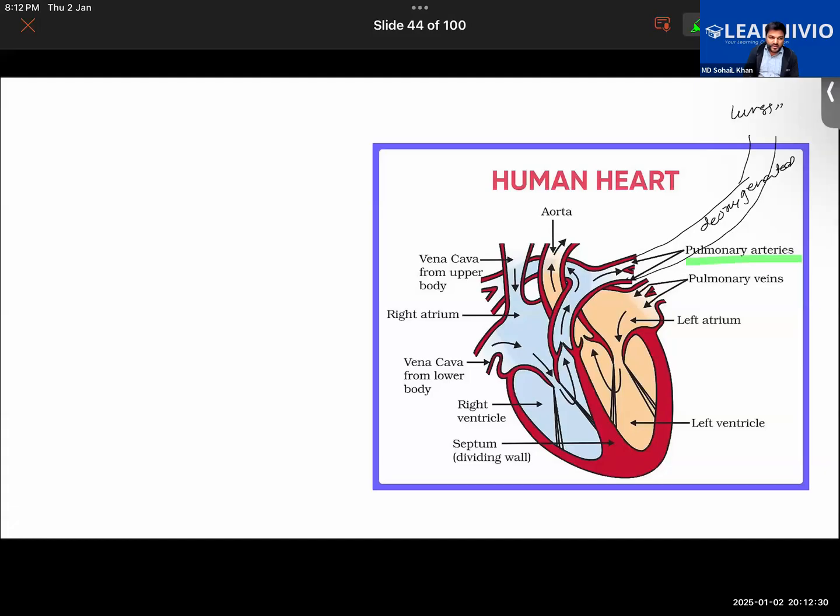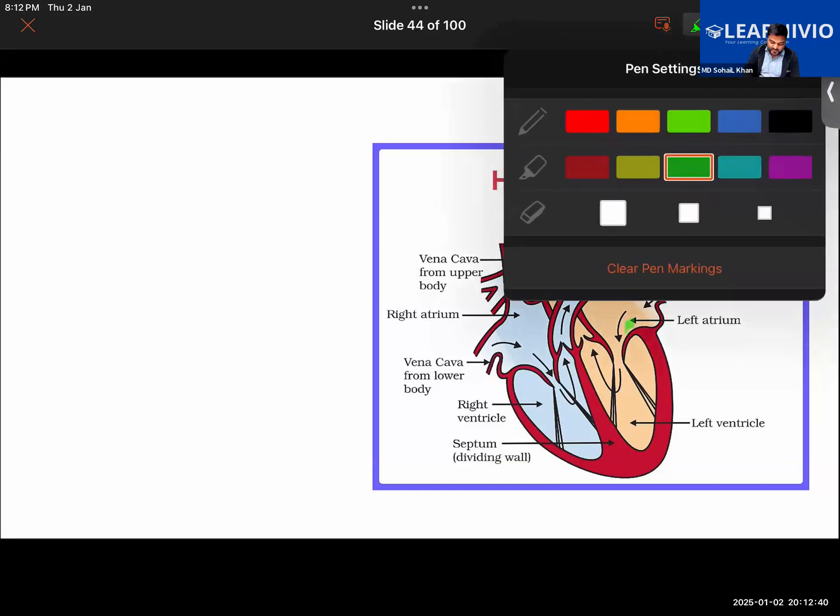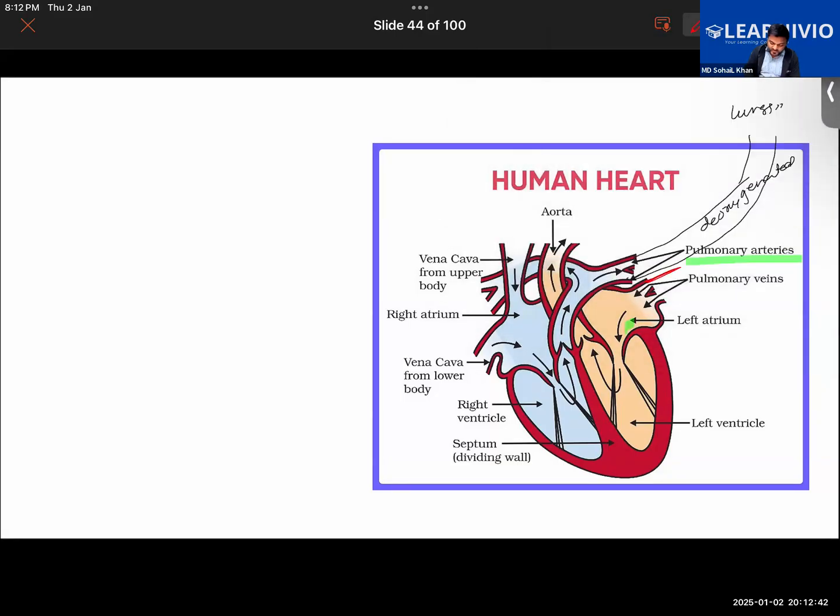Okay. After that, we have the pulmonary vein. That's the special blood vessel which connects the lungs and the heart. This is where we have the pulmonary vein. Getting it? This one over here. The pulmonary vein connects the lungs and the heart, and it carries oxygen-rich blood from the lungs towards the heart. Okay.